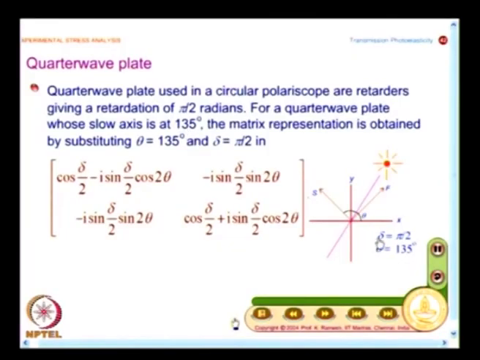So, when I substitute delta equal to pi by 2, theta equal to 135, you will get a very simple expression, and it really makes your life simple when you have to analyze a circular polariscope. I want you to right now plug in the values of delta and theta and simplify.